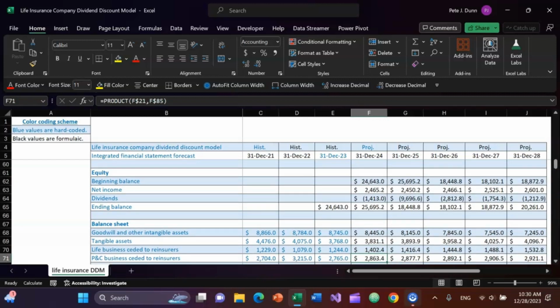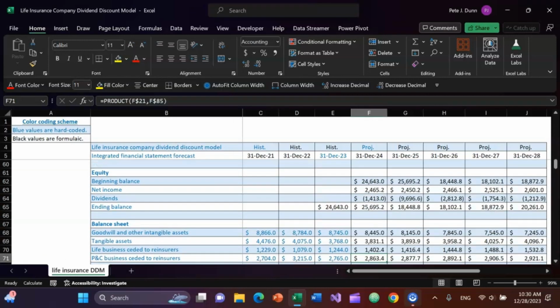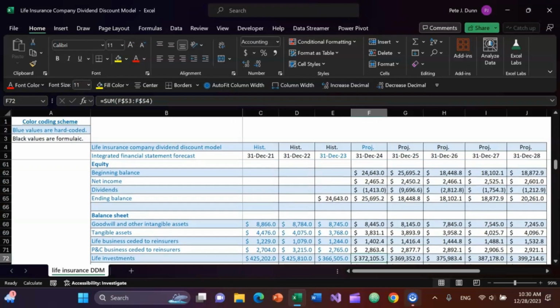P&C business is based on row 85, which is the property and casualty insurance provisions, times the assumption in row 21, so Control F bracket. You can see it's that reinsurance assumption of 9% as a percentage of property and casualty provisions. F5 enter to get back.